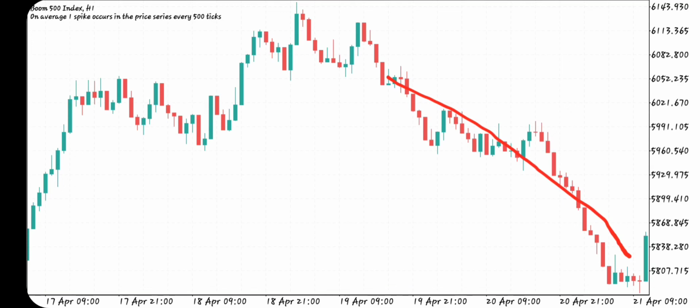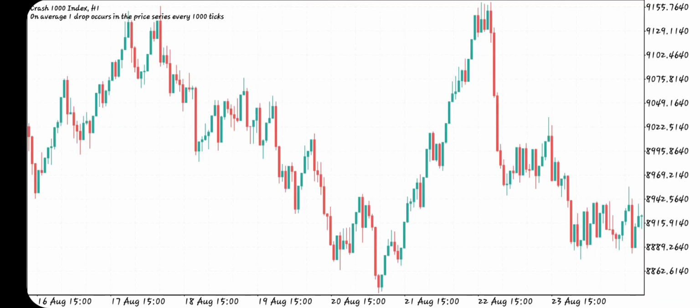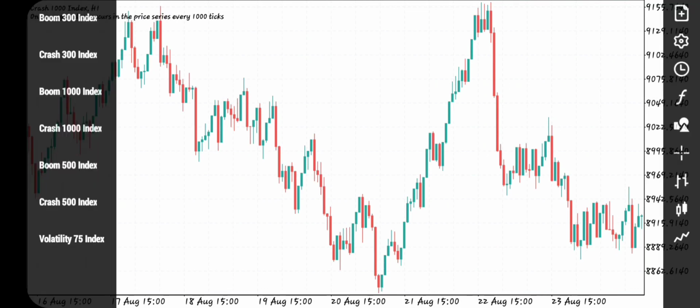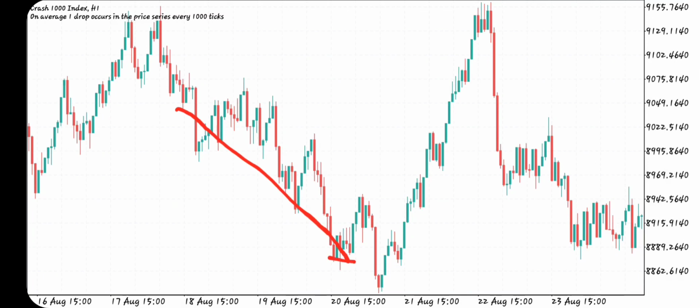Now let me check if we can get a very good example of an inverted head and shoulders as well. All right, guys, I was able to find an inverted head and shoulders pattern on the Crash 1000 index. As we can see, price has been on a downtrend. When price got to this point, price got rejected.